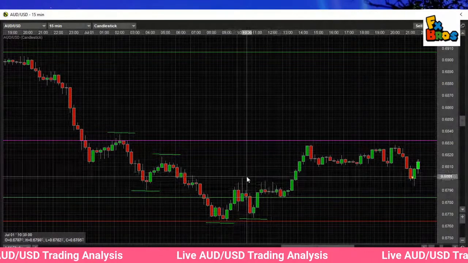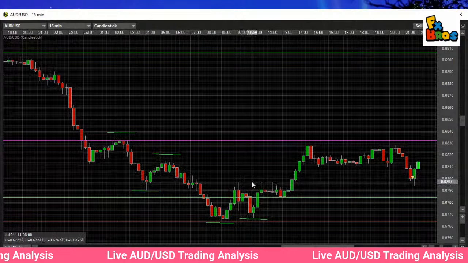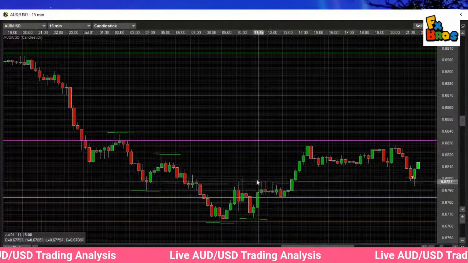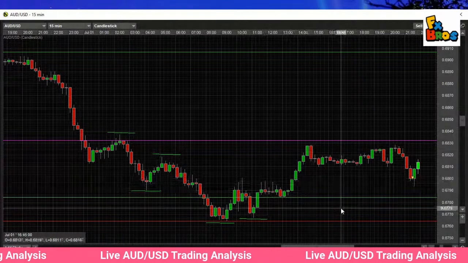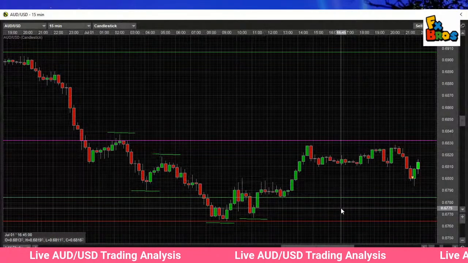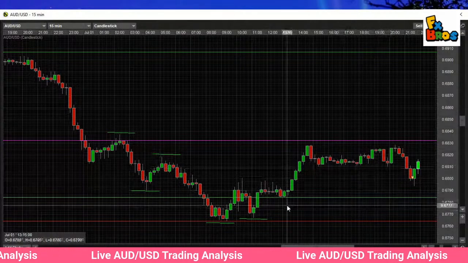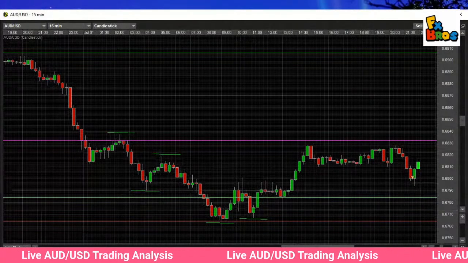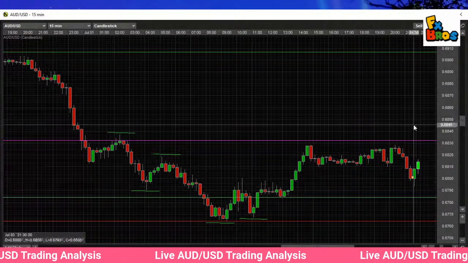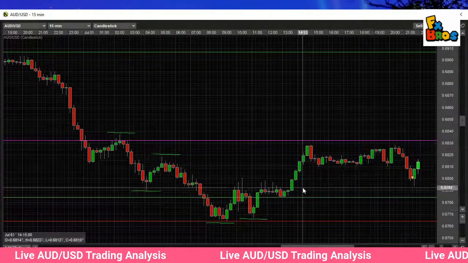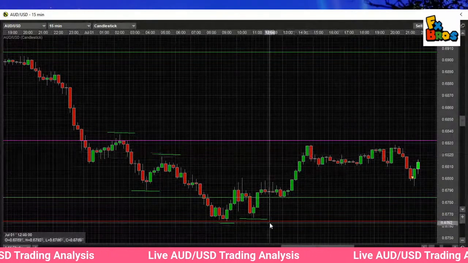Rejecting all these, this wicked area of resistance right over here. Depending on how this 15-minute candle closes will determine if we stay in this trade.